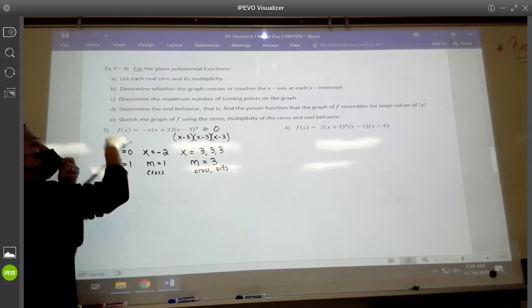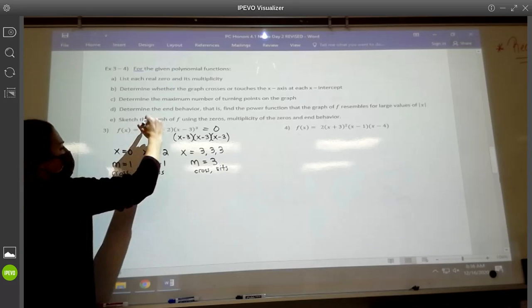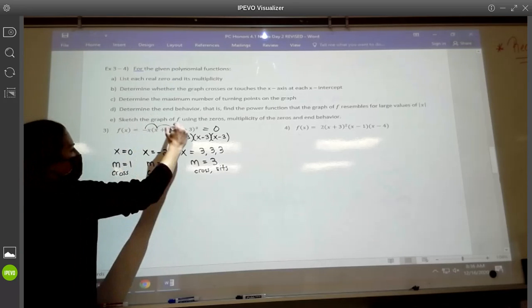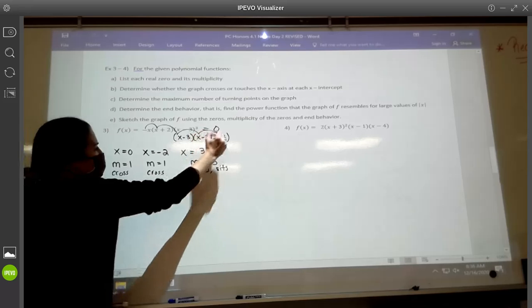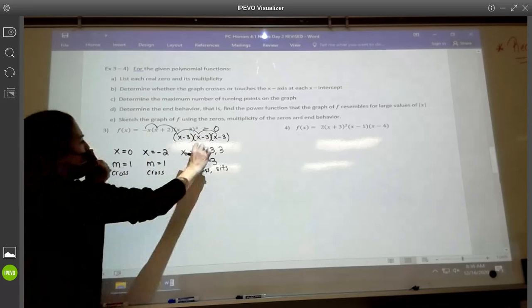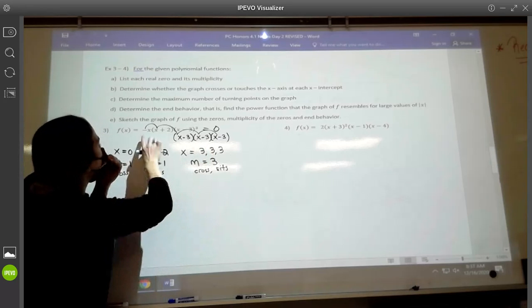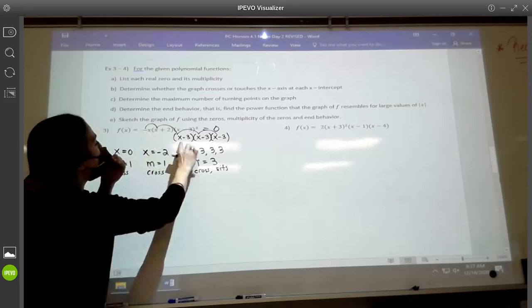So just distribute the beginning of each parenthesis. So negative x times x times x times x times x. That would have been negative x to the what? 1, 2, 3, 4, 5.